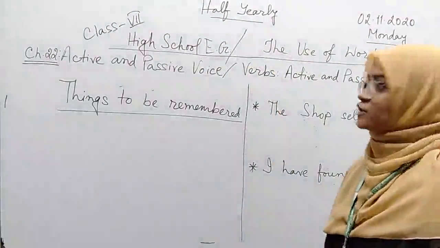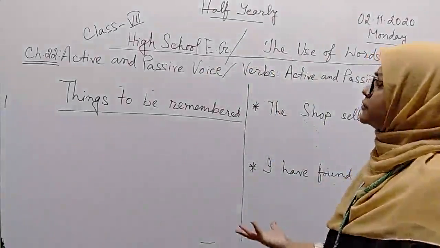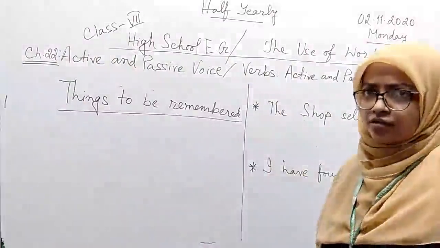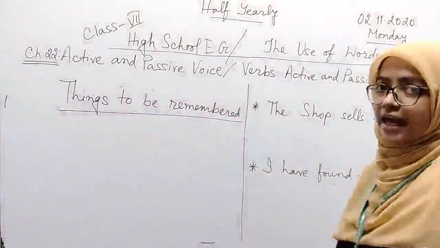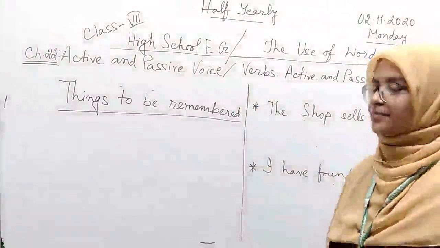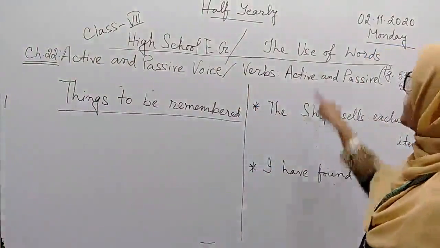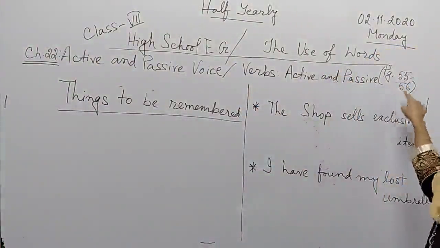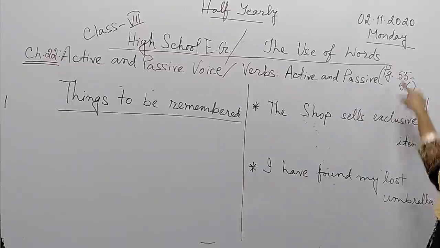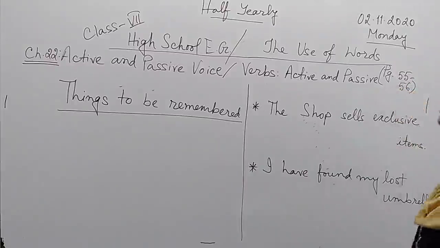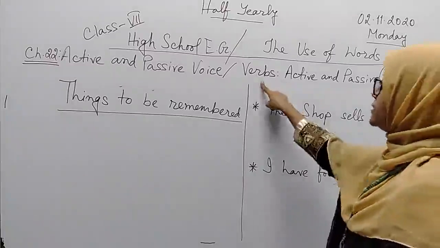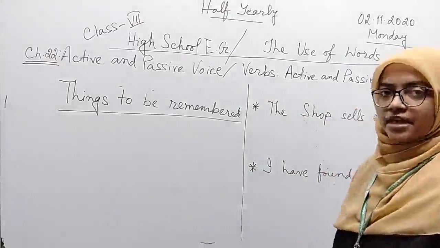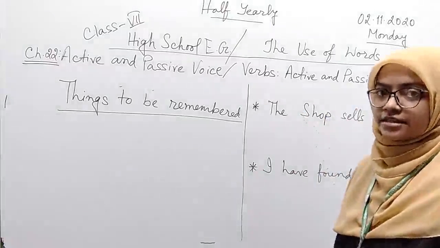So it is better that we relate to both the books while studying this topic, active and passive voice. In the Use of Words, the pages are 55 and 56. These two pages deal with verbs, active and passive, explanation, examples, and exercises.